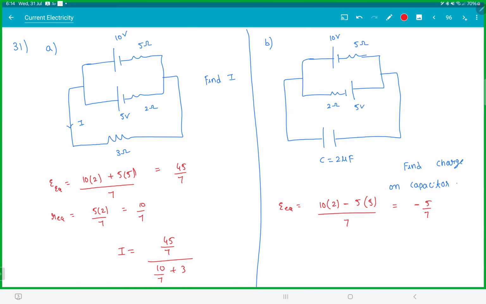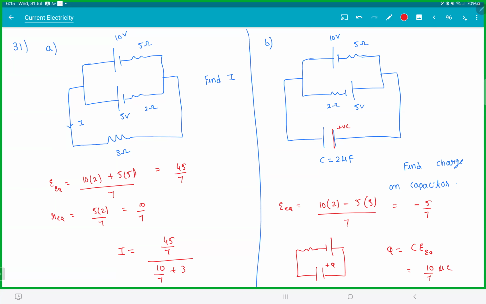So the left is not positive, so the battery is actually like this. Meaning this is a positive plate. Q is equal to CV. That will be 10 by 7 microcoulombs. The right side is a positive plate.